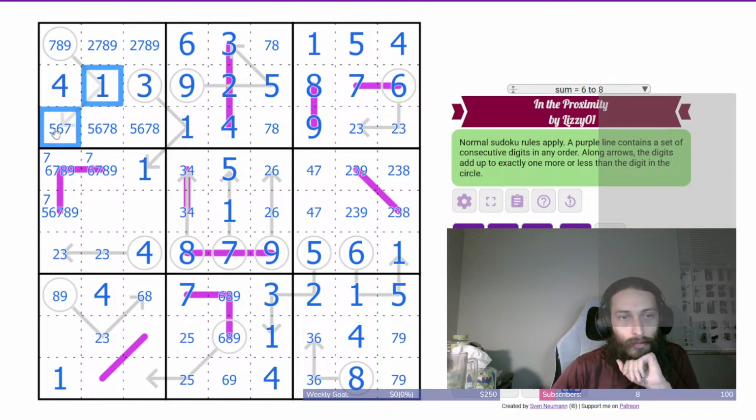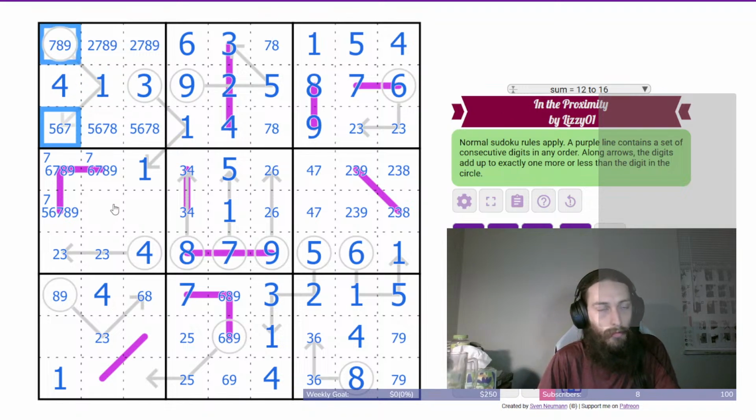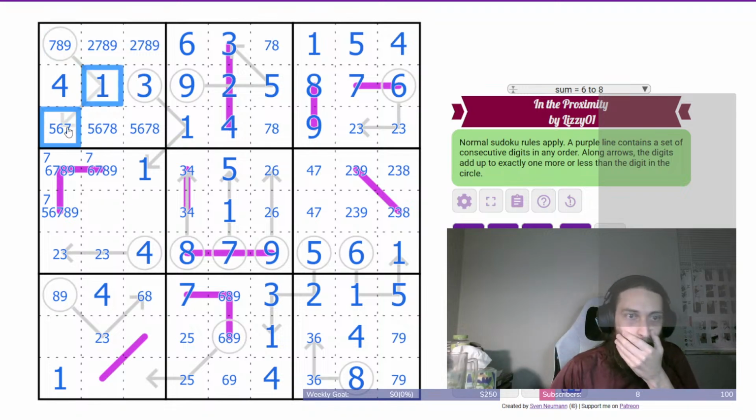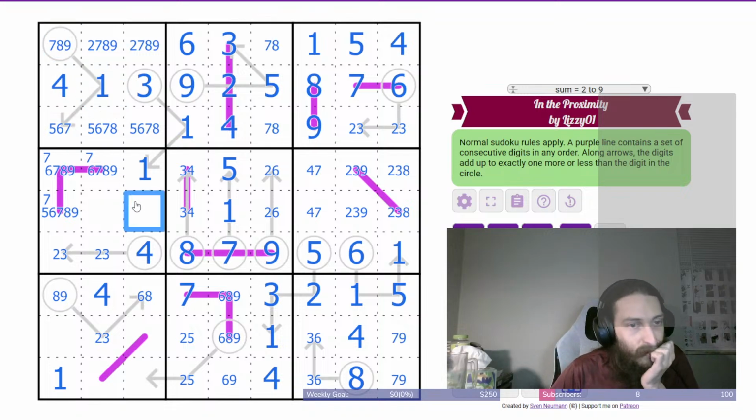Because you can't take this and subtract 1 from it, because then that would just make those two the same. So it's this plus 1 to get that. 1 and 5 is 6, plus 1 is 7.